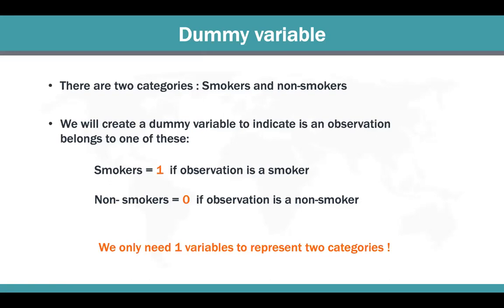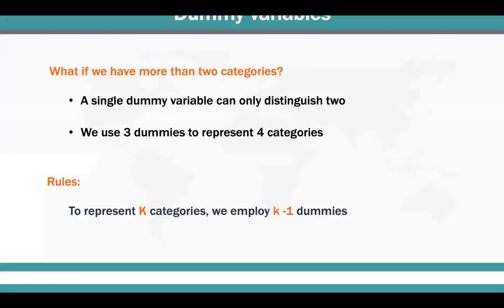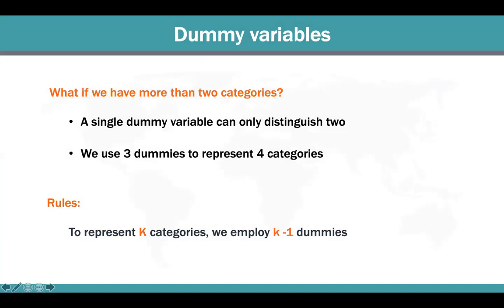If it's a smoker, we will give them a 1, and if it's a non-smoker, we will give them a 0. So let me show you the R script.